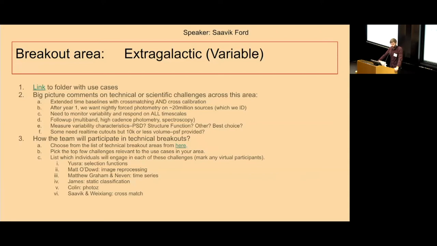We would like to have extended time baselines, and we think that we can do that with cross-matching and cross-calibration from earlier surveys, which will be very helpful for identifying AGN. And just a brief note for folks, yesterday we presented on finding all the AGN as soon as possible.